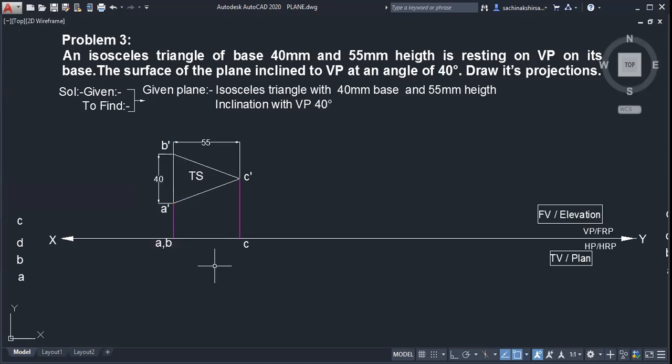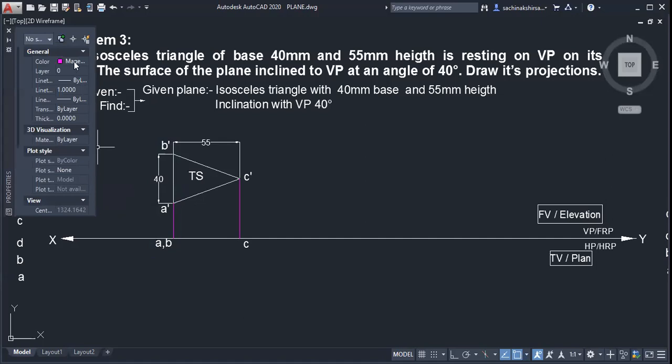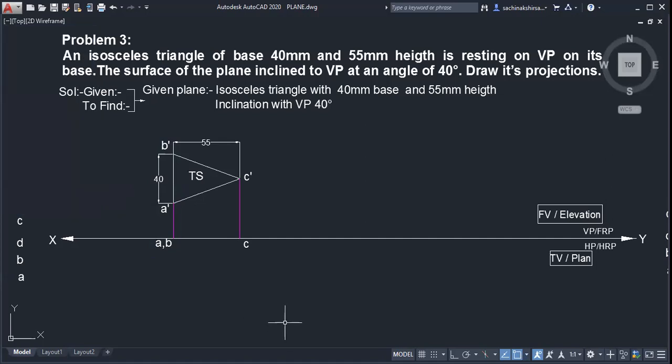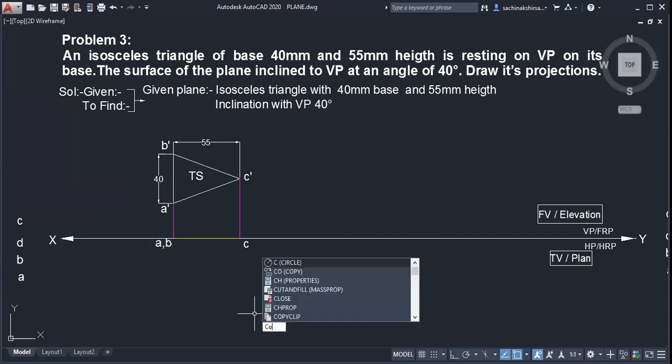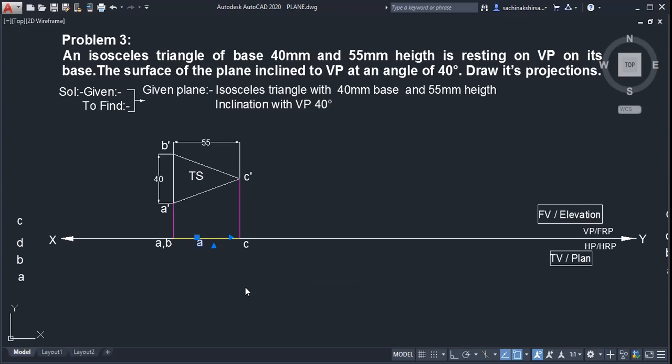Here there will be the point view, and this will be the line view of this plane. Line view, or what is another name of that? Edge view. Line view or edge view of that plane.